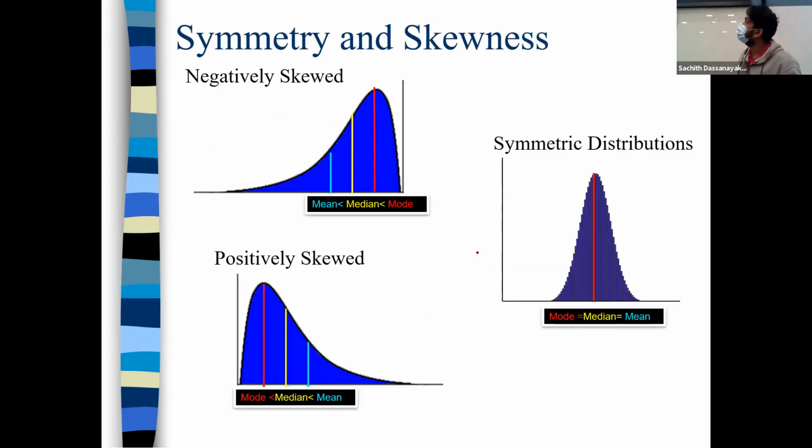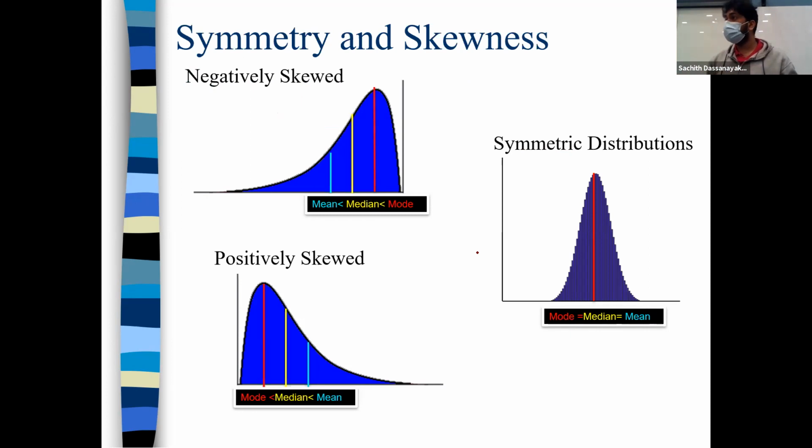See this one, the right hand side one, we have a symmetric distribution. Whatever about the mode, median, mean, I'll tell you later, in chapter 1.3 we will discuss these things. Anyway, symmetric distribution means it is symmetric about the axis.